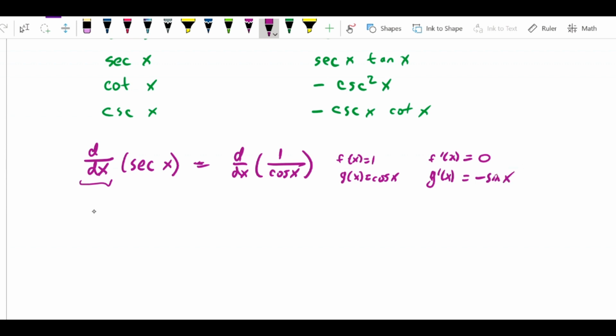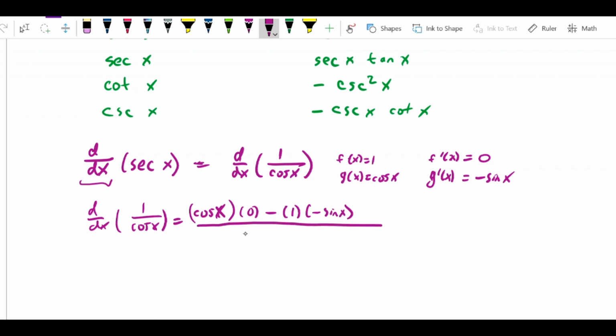So that means the derivative of 1 over cosine x is going to be, by the quotient rule, cosine x times f prime, which is 0, minus f times g prime, which is 1 times negative sine x, and then over g squared, which is cosine squared x.